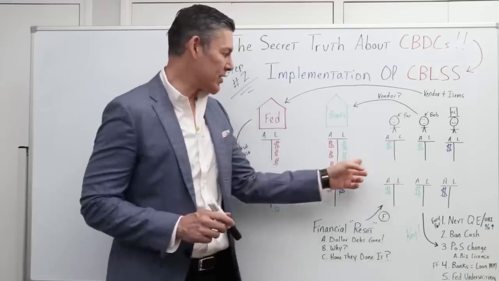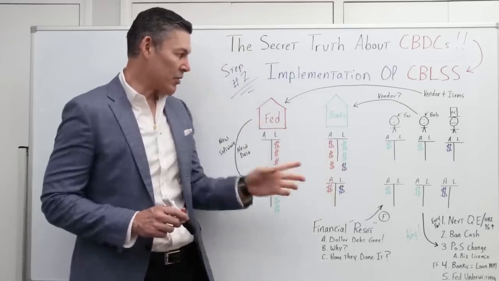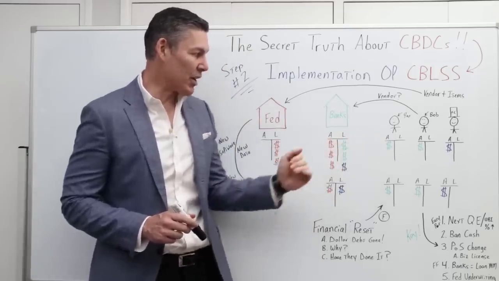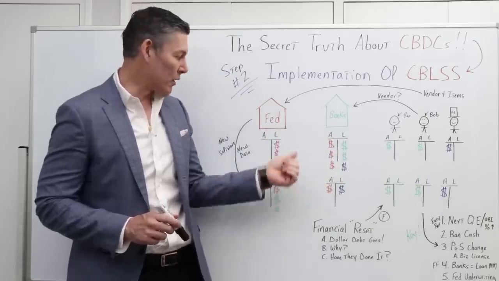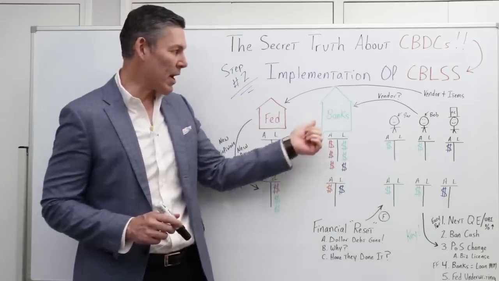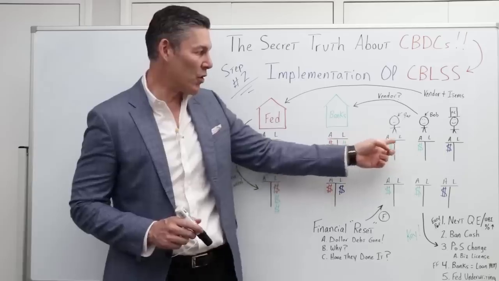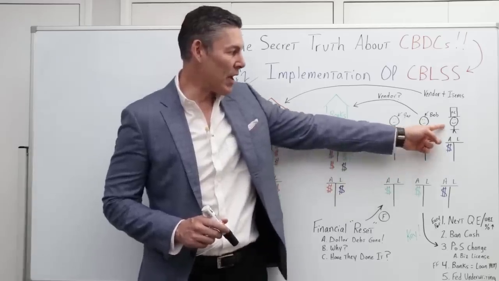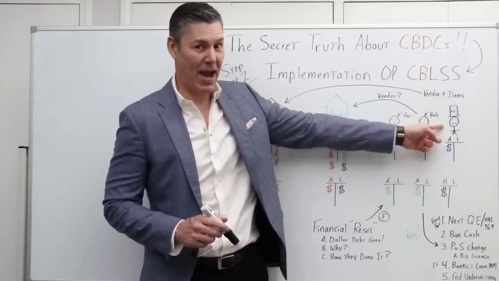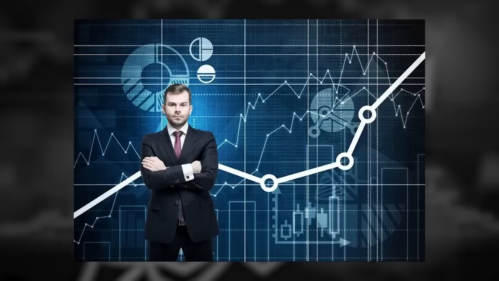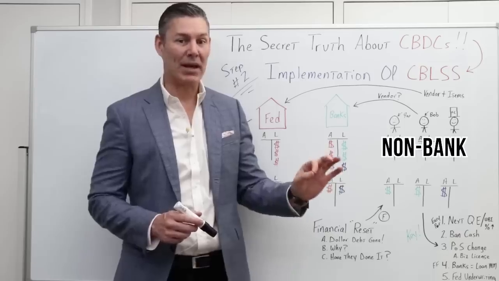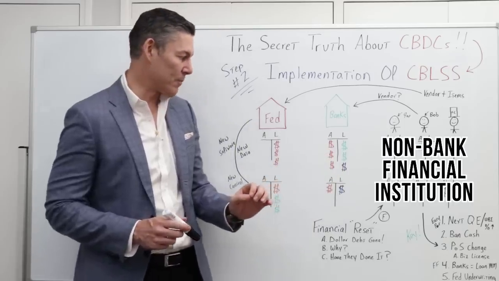So this is the way the system works now. As far as the balance sheets, we're going to take it one step further than we did in step number 1. We've got the Federal Reserve right here, the banks, then we have the average Joe, business Bob and the fat cat, the guy that runs the hedge fund or the non-bank financial institution.